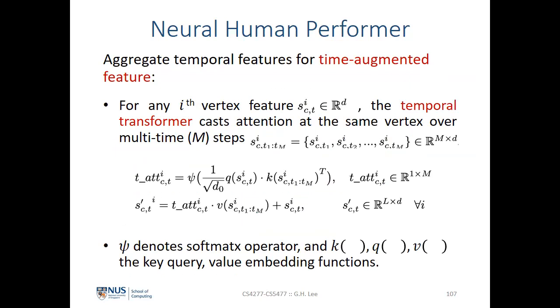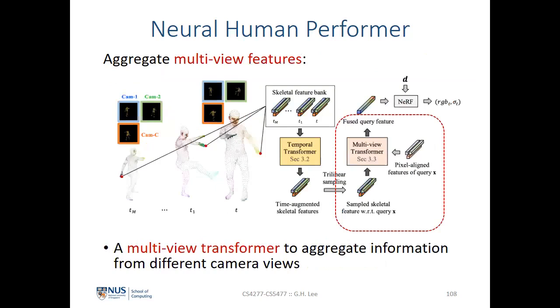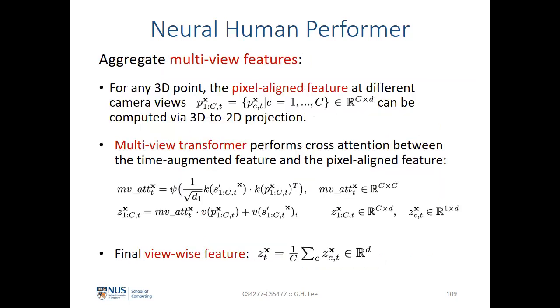So you're fusing it over multiple times, and it's the standard transformer that we have. Once you have this feature over here, the next thing is that we can put these features into multi-view. Because you have multiple views, you also want to fuse the multiple views' features together. That will be another transformer.